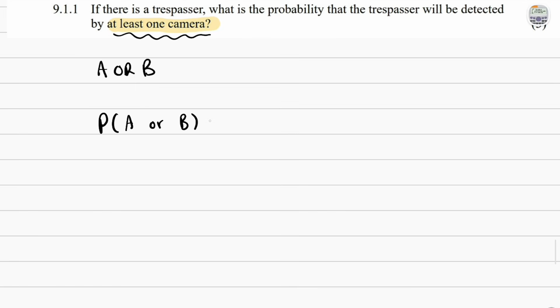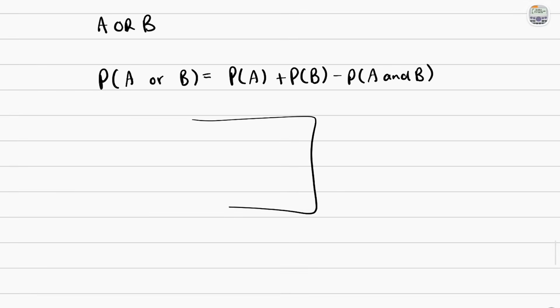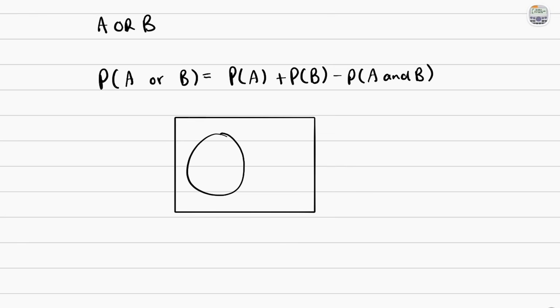So we know that the formula for the probability of A or B is the probability of A plus the probability of B minus the probability of A and B. And remember again, if you look at it in a Venn diagram, this is what's going on.